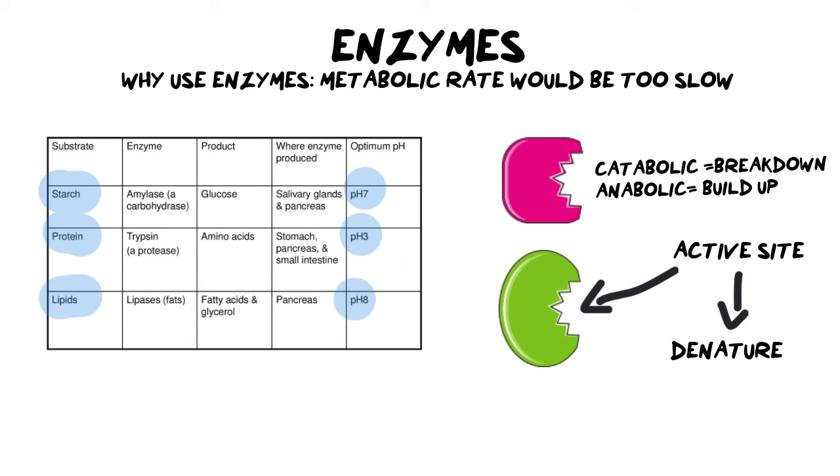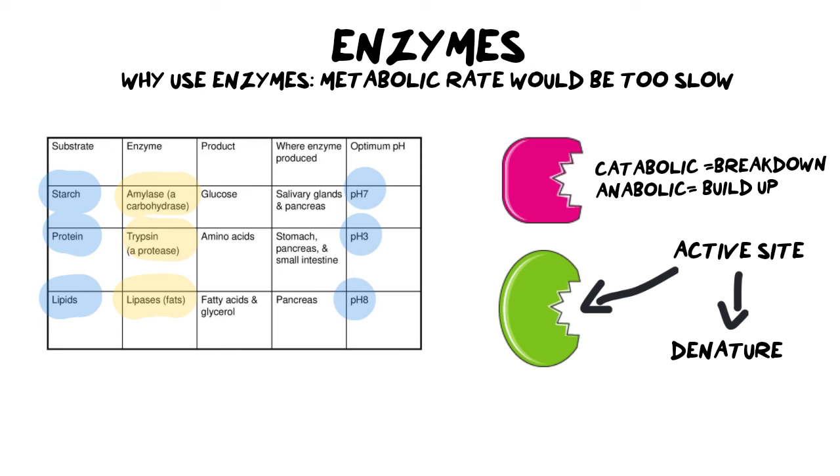So, for example, the classic 3 enzymes we generally need to know are amylase, and it's known as a carbohydrase. Enzymes generally end in the suffix ase. We have trypsin, which is a type of protease or protein enzyme, and lipases, which are fats.